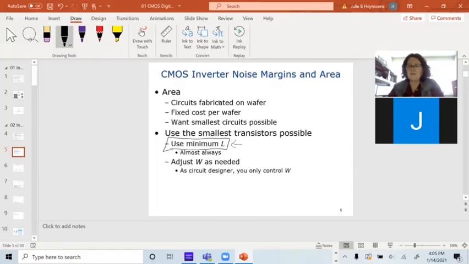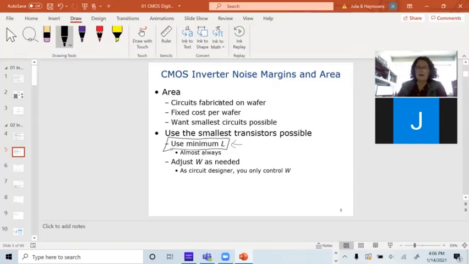The L is so important to the process. When I talk about a 5 nanometer process, or we talk about the 180 nanometer process that we use in this course, that's the name of the process. And generally it's whatever that name is, the minimum length of the transistors.